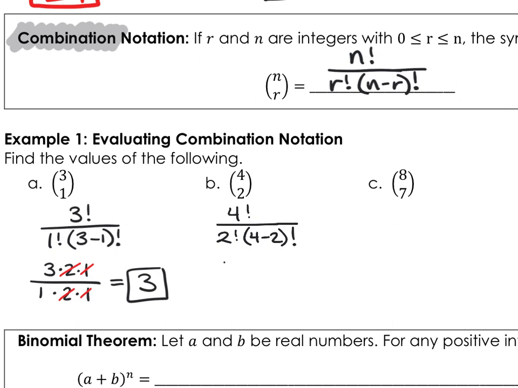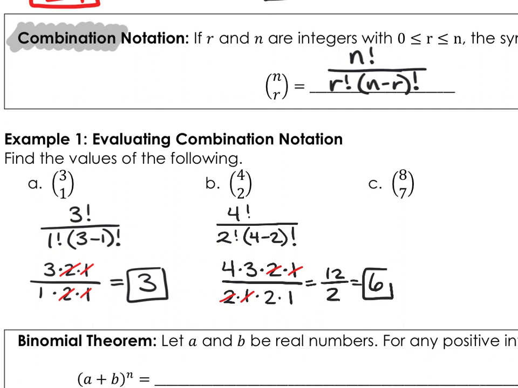Well, 4 factorial by hand is 4 times 3 times 2 times 1. 2 factorial is 2 times 1. And 4 minus 2, which is 2, factorial, is 2 times 1. Again, I can let some of these numbers cancel each other out, and I would have 12 divided by 2, which is 6. So 4 choose 2 is 6.